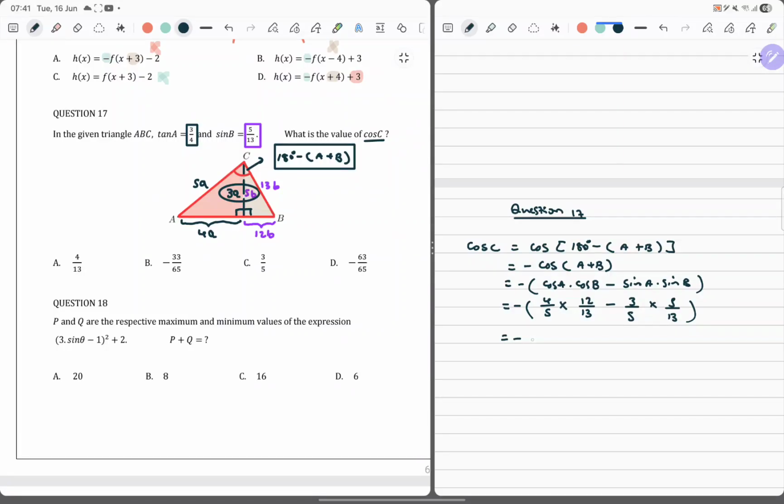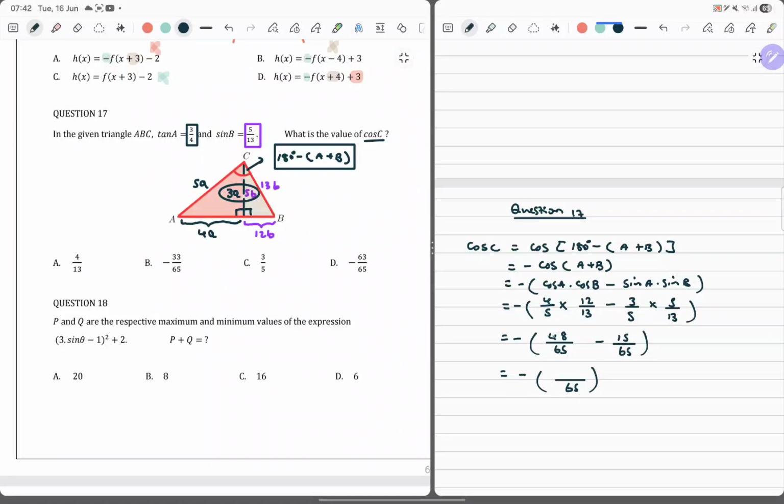Now let's get to business. 12 by 4 is 48, divided by 5 times 13, that's 65, minus 3 times 5, that's 15 over 65. Nice and easy. Now we can see the denominator is common, so this is 65.